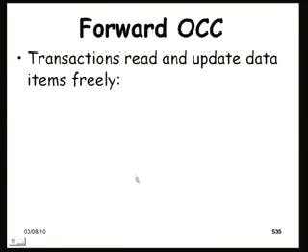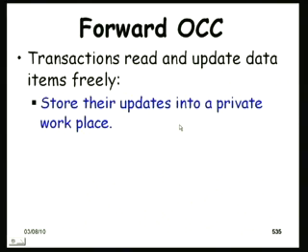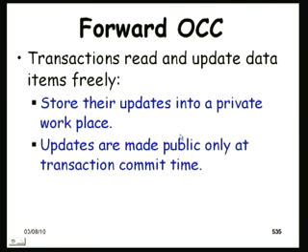So, one variation is the forward OCC, forward optimistic concurrency control algorithm. Here the transactions read and update data items freely, as is with any optimistic protocol. They store their updates in a private workspace, and the updates are made public only at the commitment time.